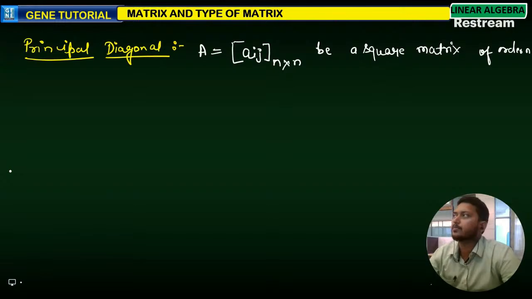So there are two types of entries. The first one is the principal diagonal and the second one is the non-diagonal entries.